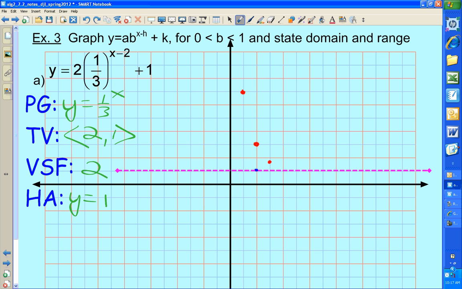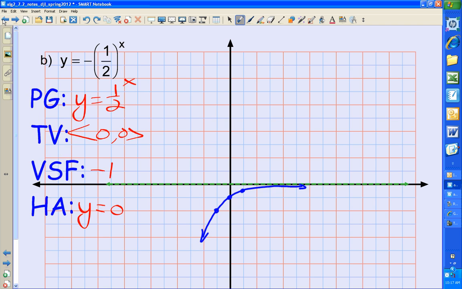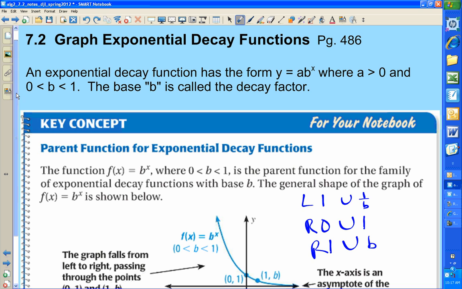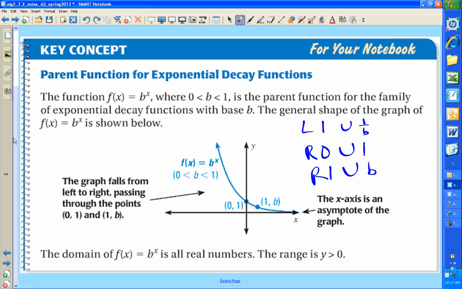I don't get the second one, right? Right 0, up. What do you do in the parent graph? Right 0, up 2. That's my question. Okay, let's go back. Hang on. Gotta have that list here somewhere. There it is. You should have left 1 up 1 over b, right 0 up 1, and right 1 up b.